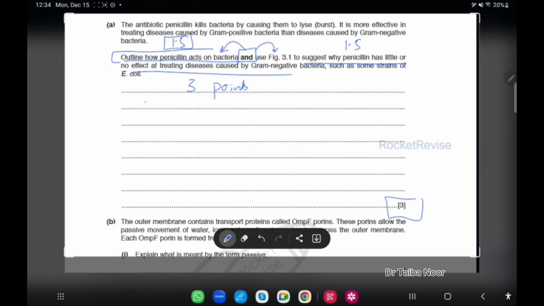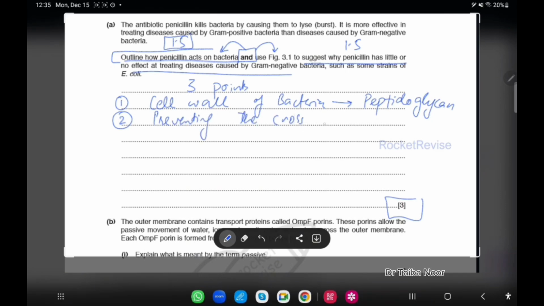So the first part, outline how penicillin acts on bacteria. It attacks the cell wall of bacteria, and the bacterial cell wall is made up of peptidoglycan. So it will prevent the cross linkage formation, and that cross linkage formation is caused by the enzyme transpeptidase.